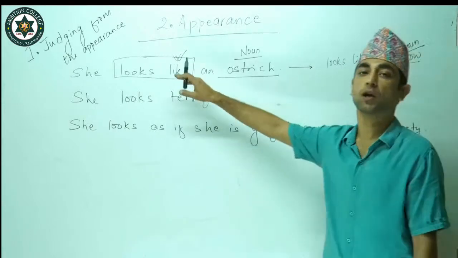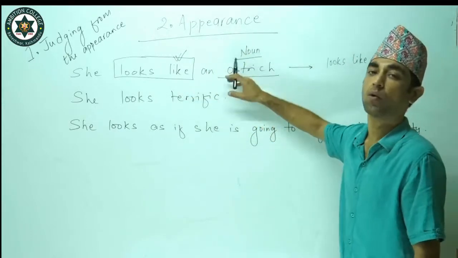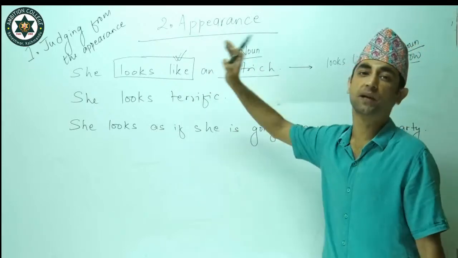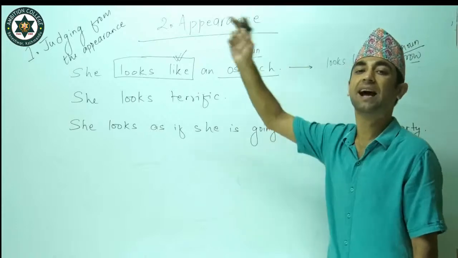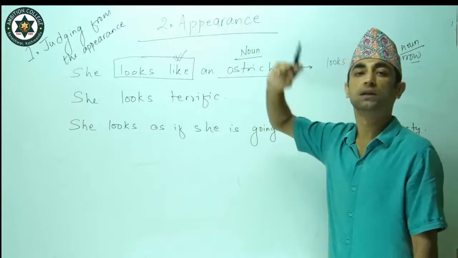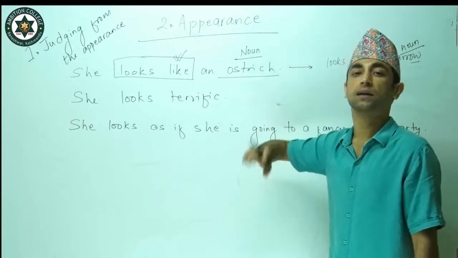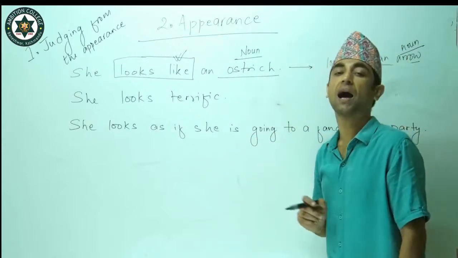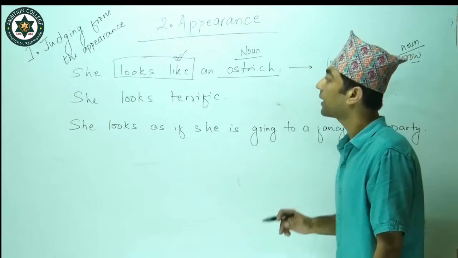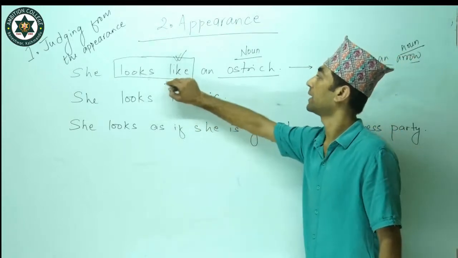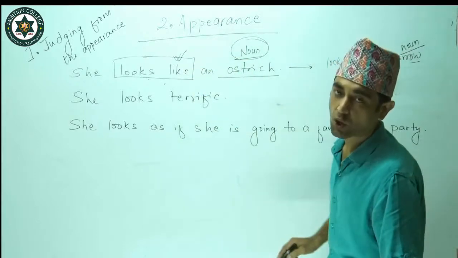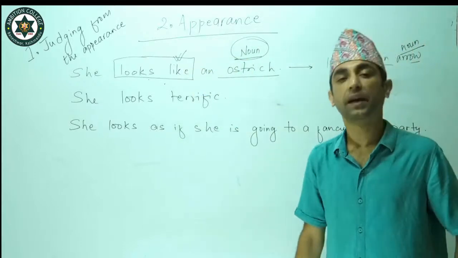She looks like an ostrich, she looks like an owl, she looks like a donkey, she looks like a monkey, this building looks like a sheep, that building looks like a bus, this bus looks like a car, that motorcycle looks like a sports bike. Looks like is always followed by the noun.